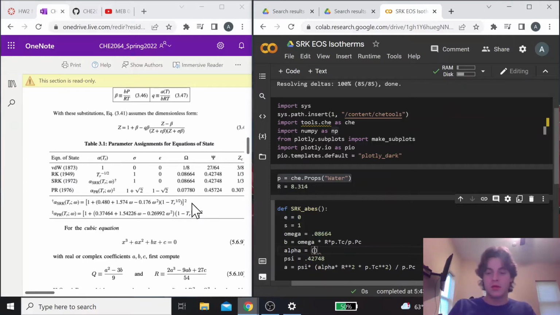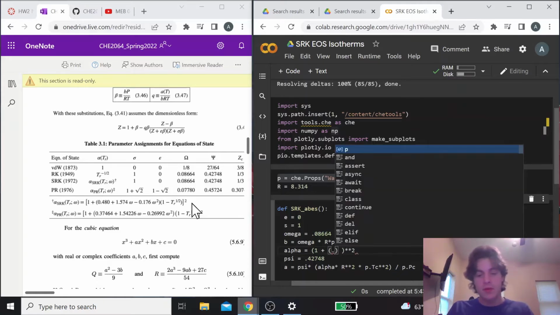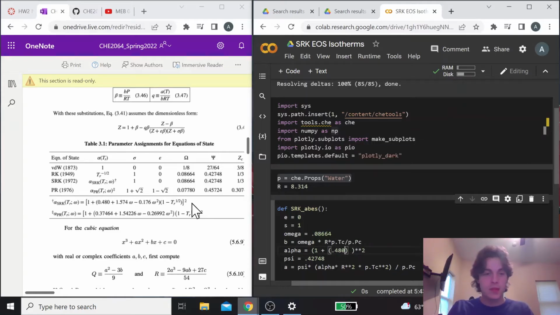You've got to type that in, being extra careful. The entire equation is squared, and it's 1 plus 0.480 plus 1.574 times omega, which is the eccentric factor, and we can get it using our CHE props.